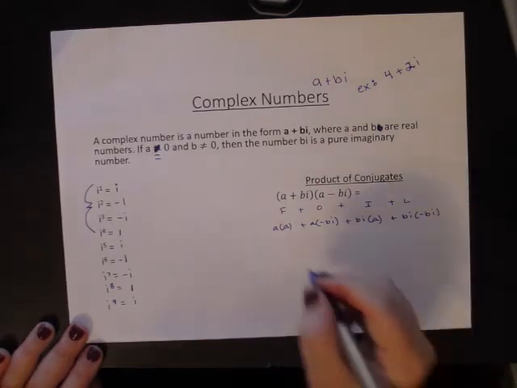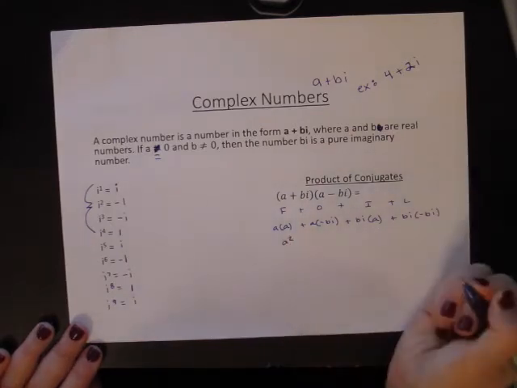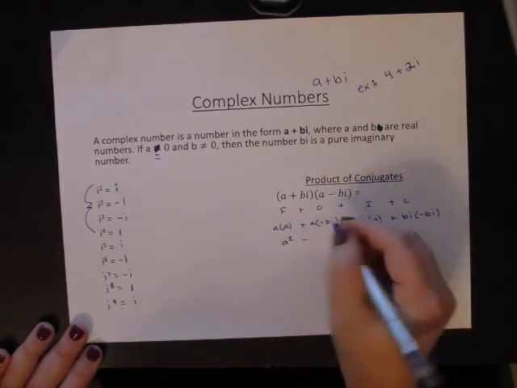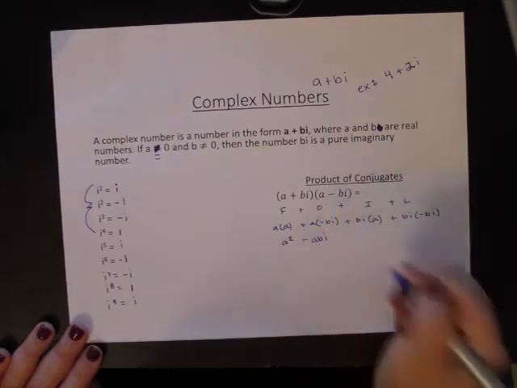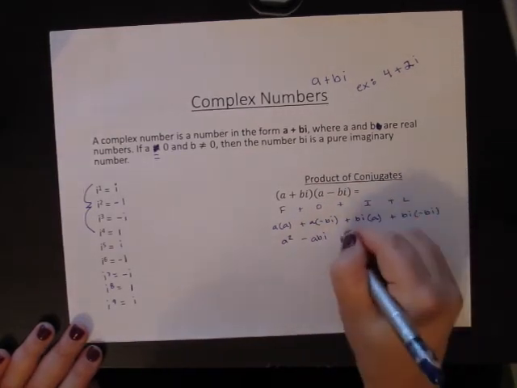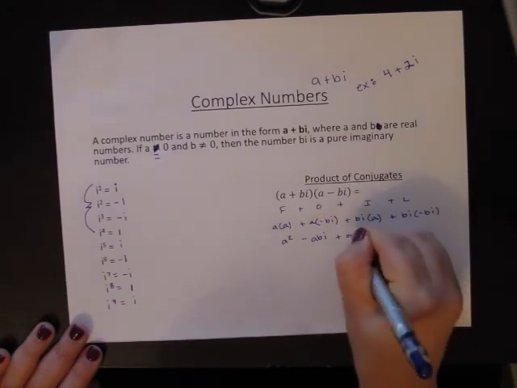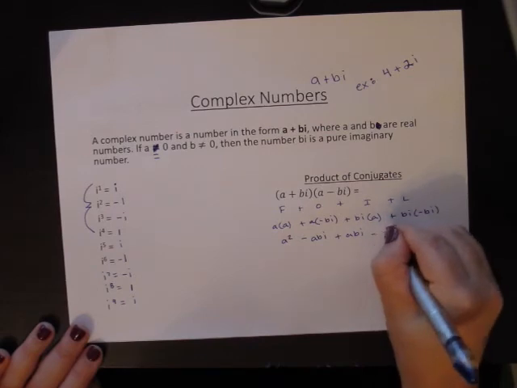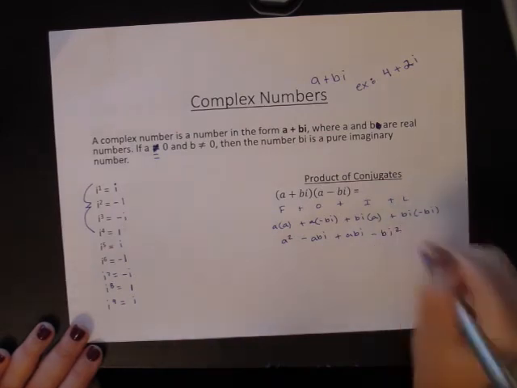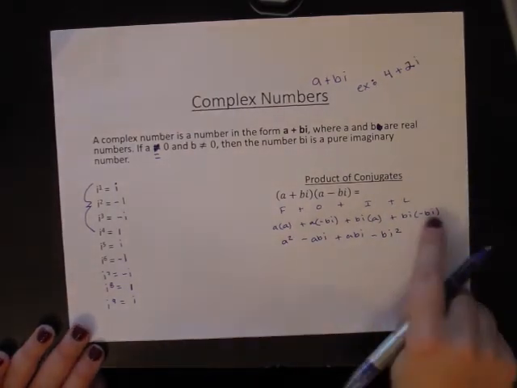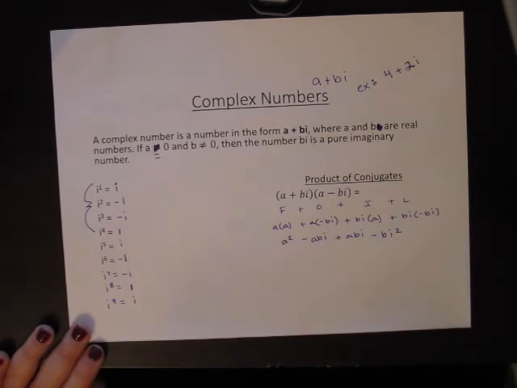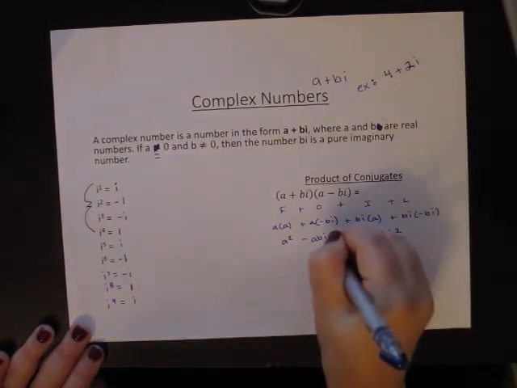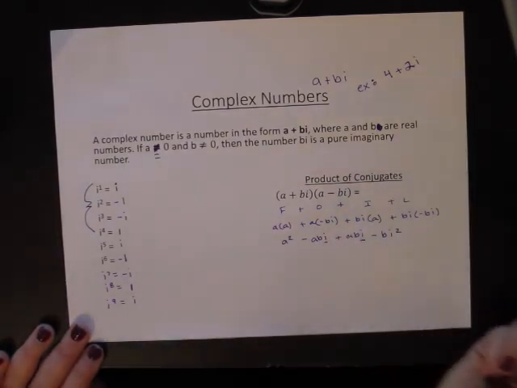Alright, so if I clean this up, this would be a squared minus abi, plus abi, okay, and then minus b i squared. Okay, because i times i is going to be i squared. Alright, so here are my terms.